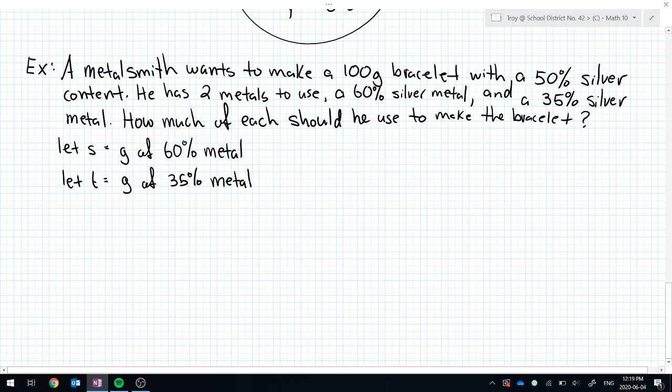Okay, so the easiest one to set up first is going to be the one that says the bracelet must total 100 grams. So it doesn't matter how much of the 60% metal we use, and it doesn't matter how much of the 35% metal that we use. Well, it does matter how much of it we use, but in order to set up our first equation, all we know is that it needs to weigh 100 grams.